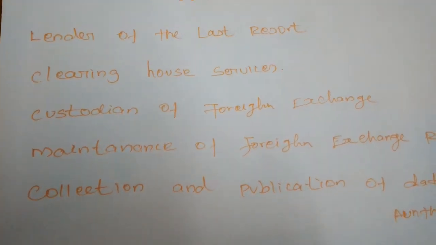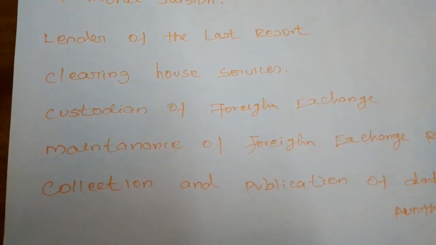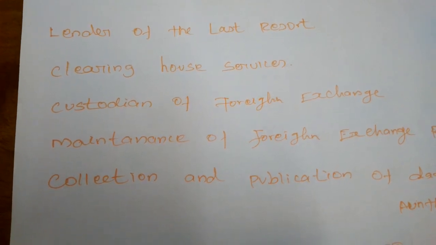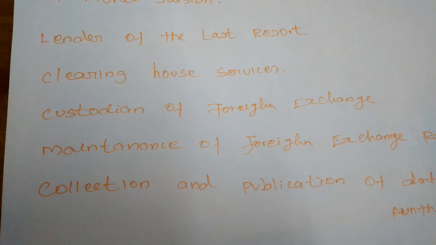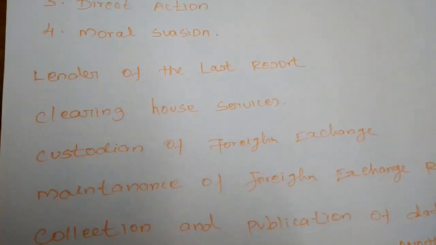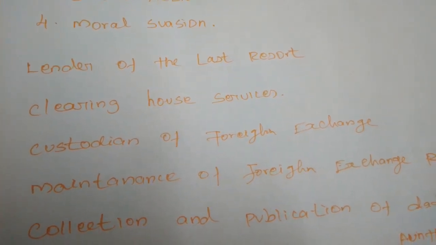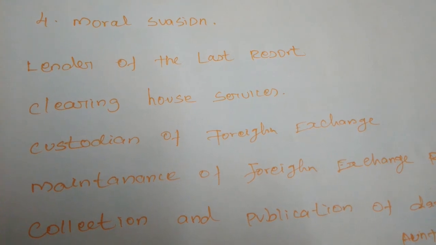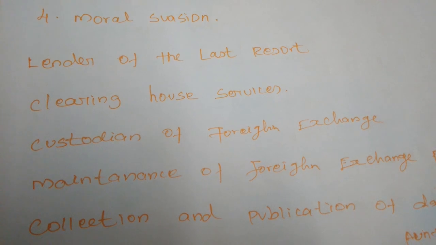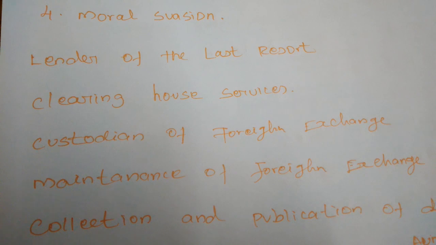Next, clearing house services. The RBI acts as a clearing house and maintains a clearing system for all commercial banks in India. First, you have to know about the clearing house services. Clearing house services means we can exchange all the demand drafts, checks, debentures and bills of exchange from any of the banks. So we can exchange a demand draft issued by one bank but collected from another bank.